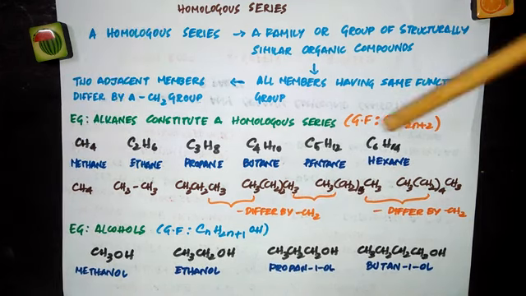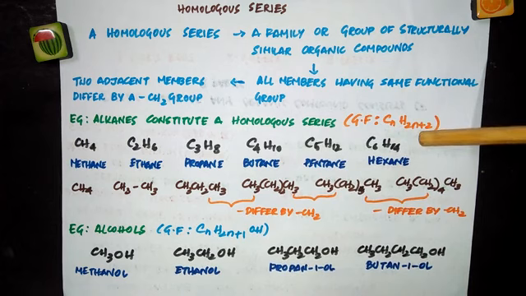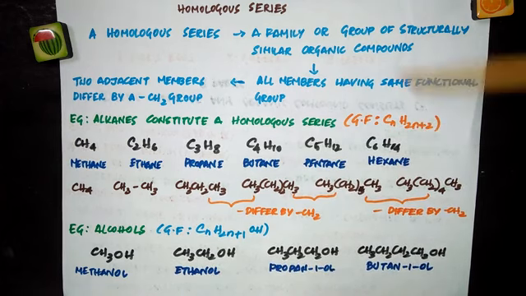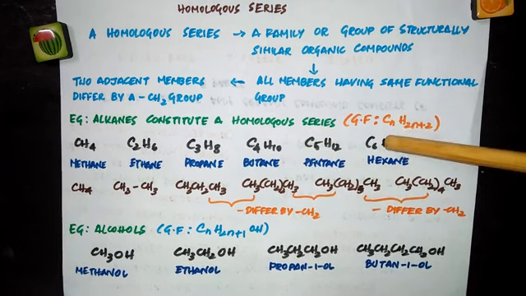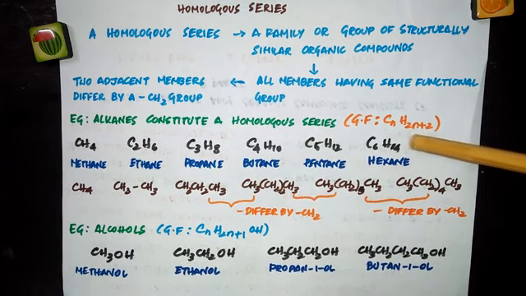What will H be? H will be 2 times 1 plus 2, that gives 4. So CH4 is methane's formula. Coming to ethane, I have to put 2 carbon atoms, n is equal to 2. So C2H, 2 twos are 4, 4 plus 2, 6. So C2H6 is the formula for ethane.